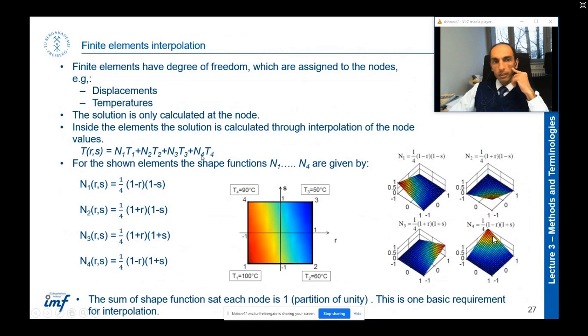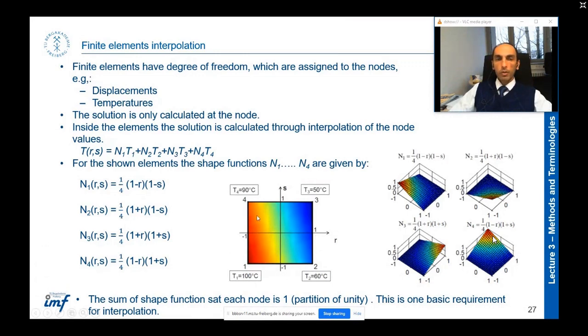It's defined like this: N1 T1 to N4 T4, because it's a 2D simulation and we have 4 nodes here as an example. The value of the shape function is defined in the calculations based on the R and S we have here.